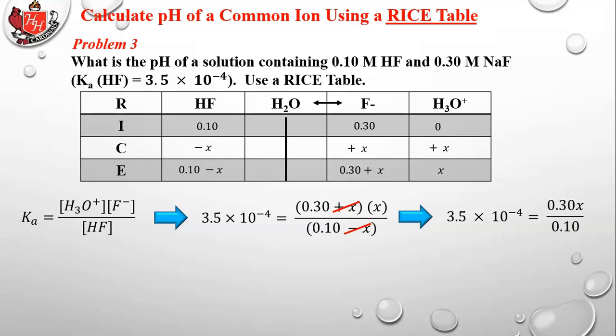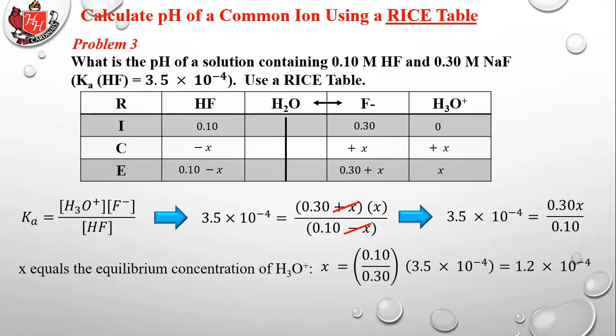And now we're going to solve for X. So X equals the concentration of H3O+. If you look up on the RICE table, X is in the equilibrium line below H3O+, and that's what we want, H3O+, to do our pH calculation. So there we're going to multiply the 3.5 times 10 to the minus 4 by 0.1 divided by 0.3. That solves for X, and that gives us 1.2 times 10 to the negative 4th.